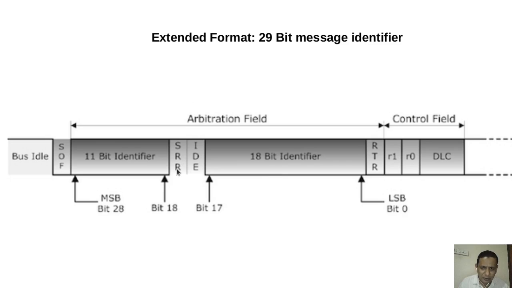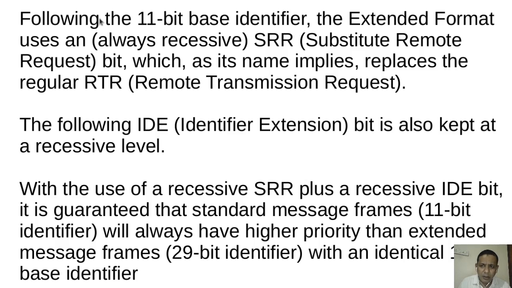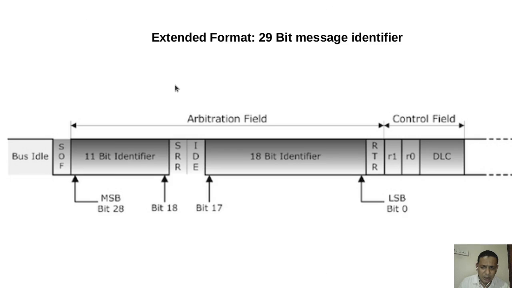So what are the values? Following the 11-bit base identifier, the extended format uses an always recessive, always high SRR, the substitute remote request. That is the full form of SRR in the extended format.